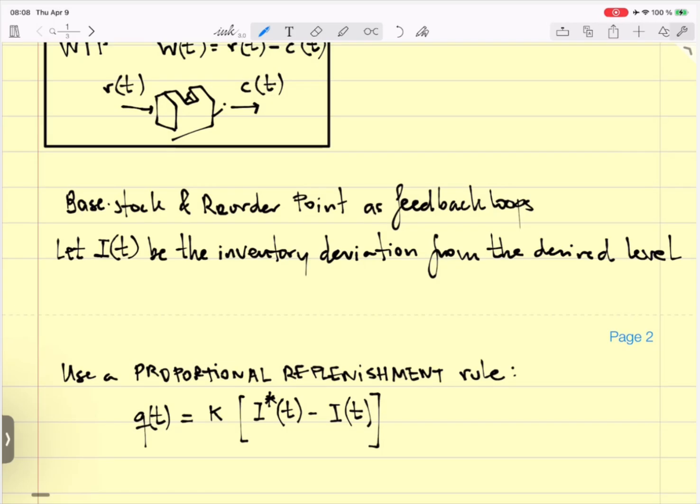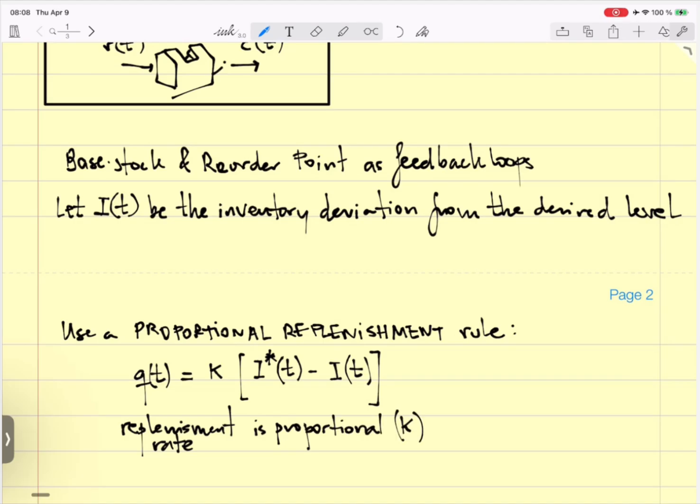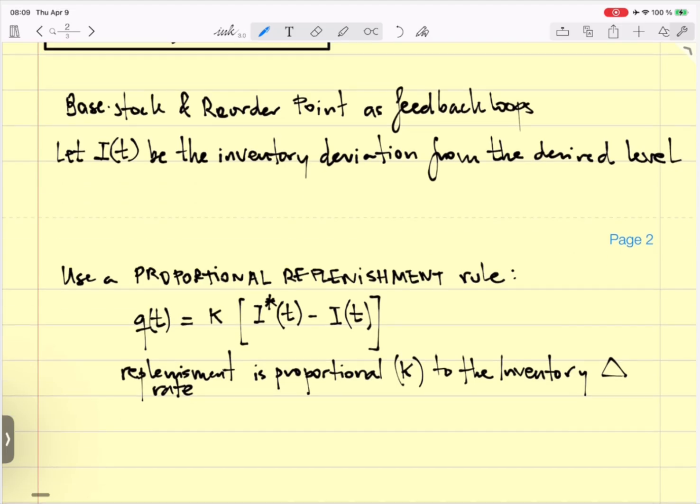So the replenishment rate is proportional with K to the inventory delta: what should be minus what is. This is the way to interpret it.